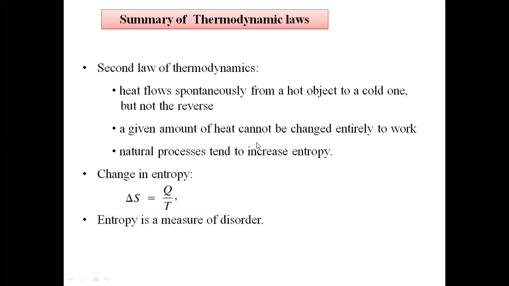A given amount of heat cannot be changed entirely to work. Natural processes tend to increase the entropy. So the change in entropy delta S equals Q over T. And entropy is a measure of disorder.